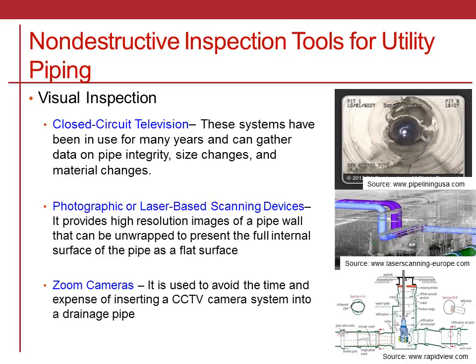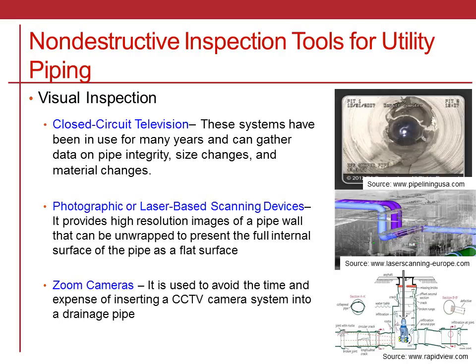Considering there are so many pipes under the ground, this method is important. Although this method is usually used for inspecting a buried pipe, we should remember that these inspection tools are not applicable to all types of underground piping systems.